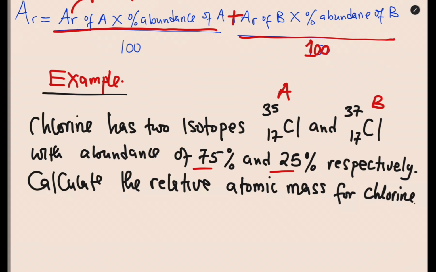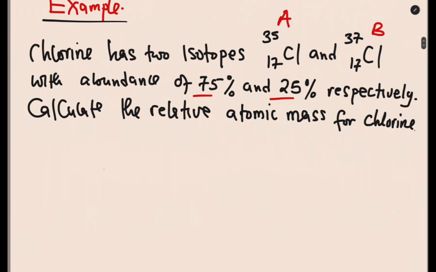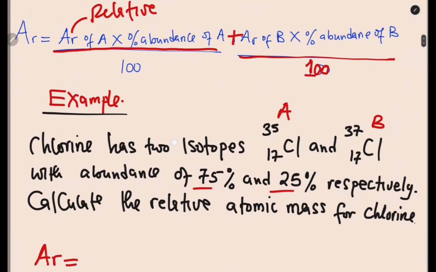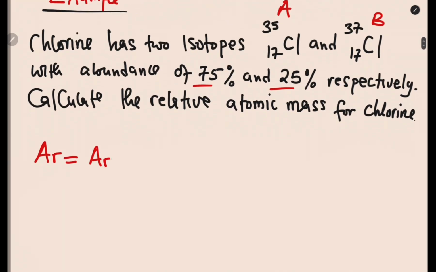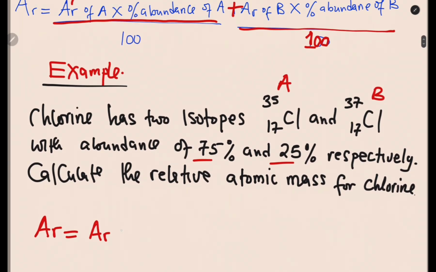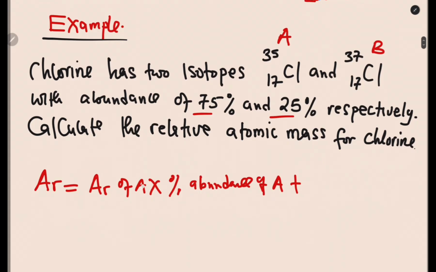So how do we calculate the relative atomic mass of chlorine? Now here we are going to write the formula. Relative atomic mass is equal to the relative atomic mass of A multiplied by the percentage abundance of A, plus... here A is chlorine.